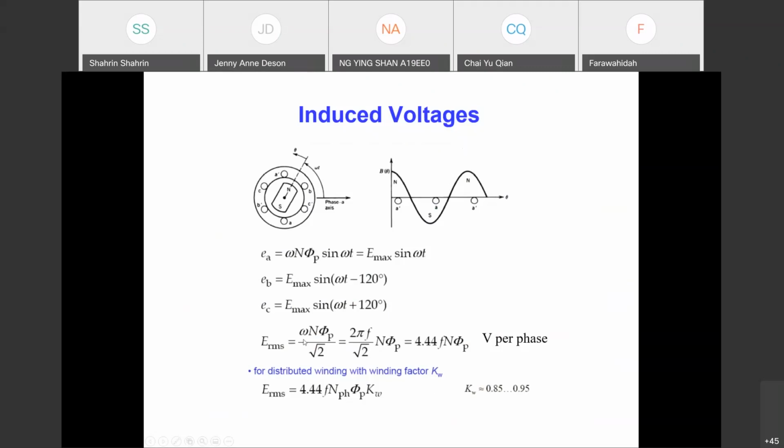It depends on the rotation of the RMF, the rotating magnetic flux, the number of windings, and the flux itself. This is RMS, so you need to divide by square root 2, and this is the voltage induced for each phase.